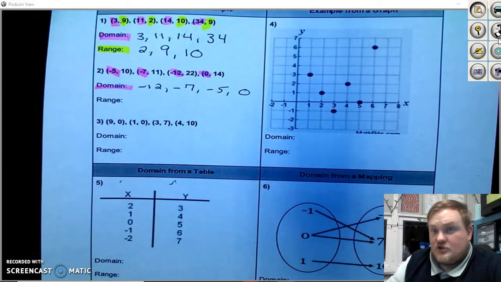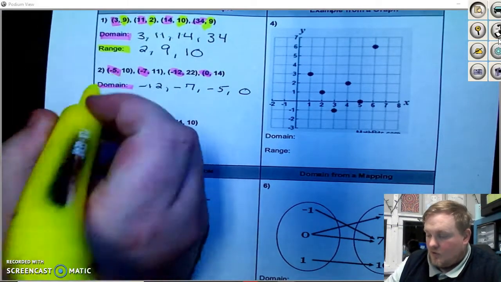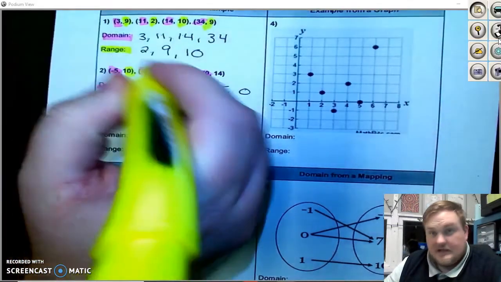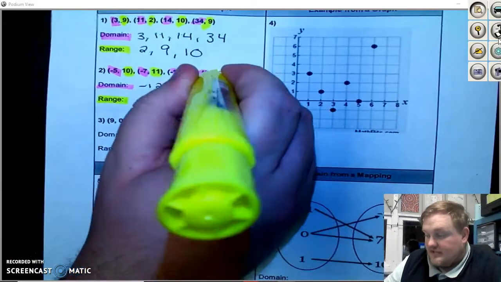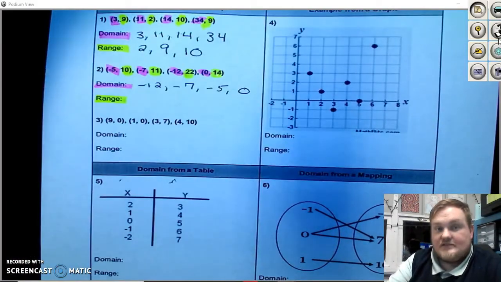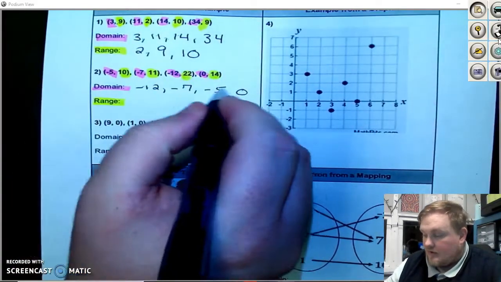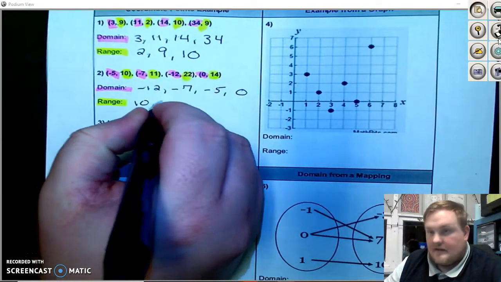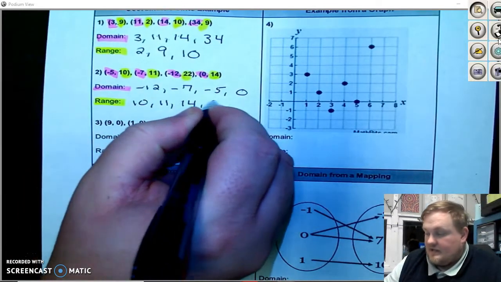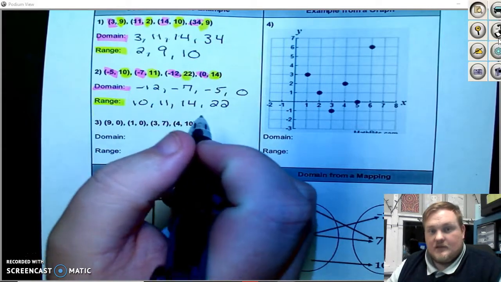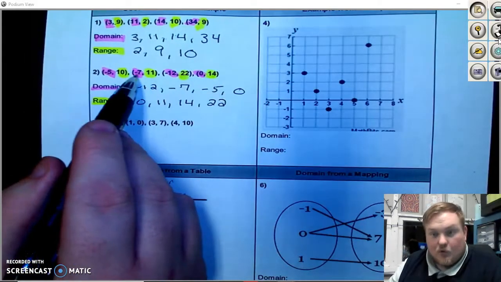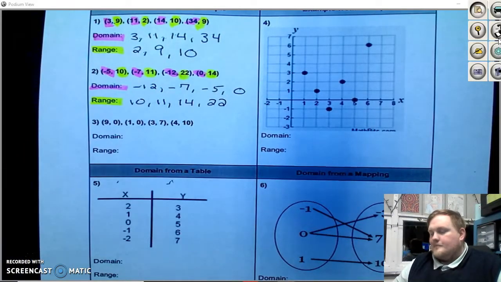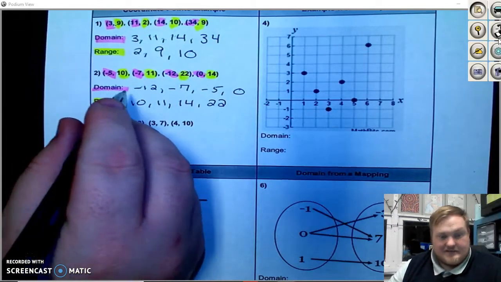Now, your range, again, are all the second numbers: 10, 11, 22, and 14. So that's going to be, in chronological order, 10, 11, 14, and 22. Again, they have to match up with the second number in your ordered pair set, because those are your y's. And remember, range is y, domain is x.